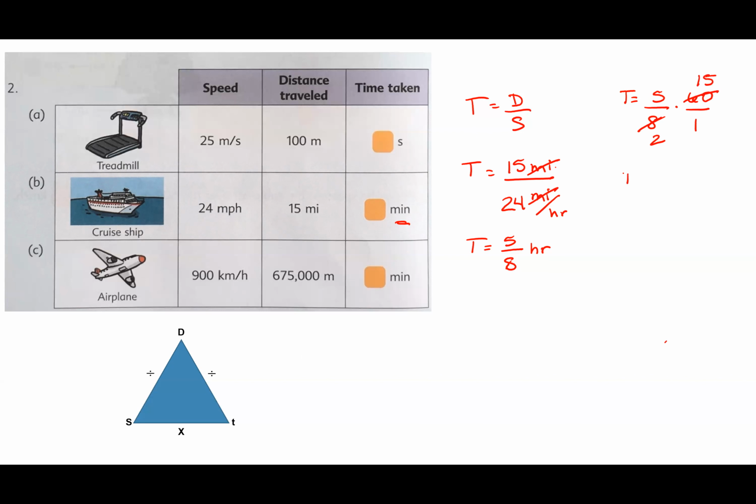And my time is 75 over 2. Okay, so what's my time? Raise your hand when you have it. Go ahead and just simplify it. You don't have to do the long division. Liam? 37.5. Good, 37.5 minutes.